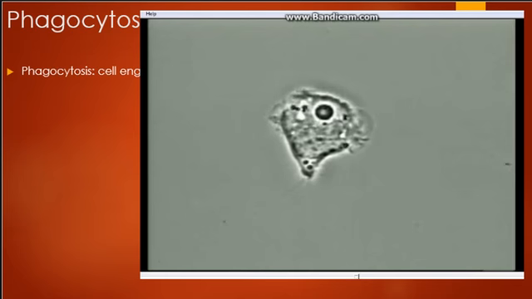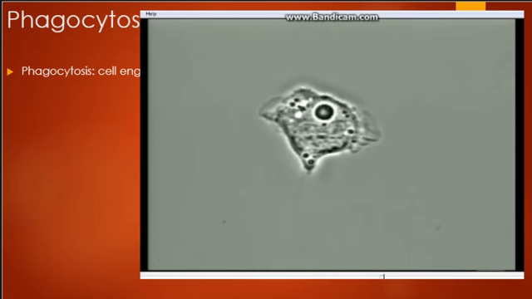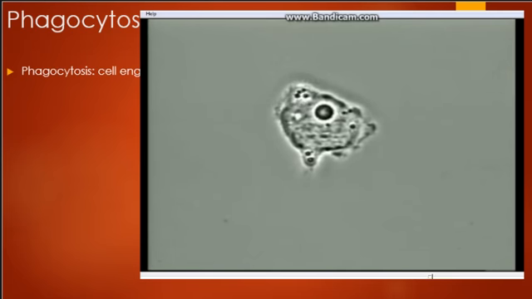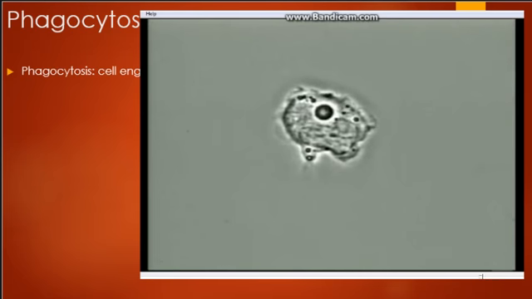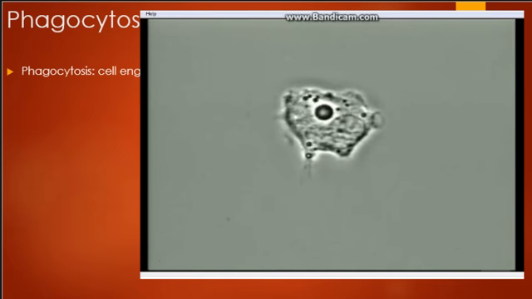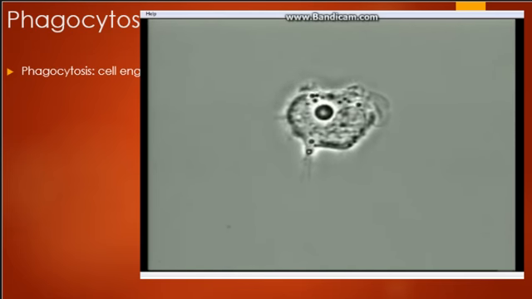As you can see in the video, the white blood cell has engulfed the yeast cell, and it will now simply digest the yeast cell to get rid of it. White blood cells, like this macrophage, engage in phagocytosis in order to protect the body. Other cells simply engage in phagocytosis to eat. Amoeba, for example, engulf their prey so that they can eat them.